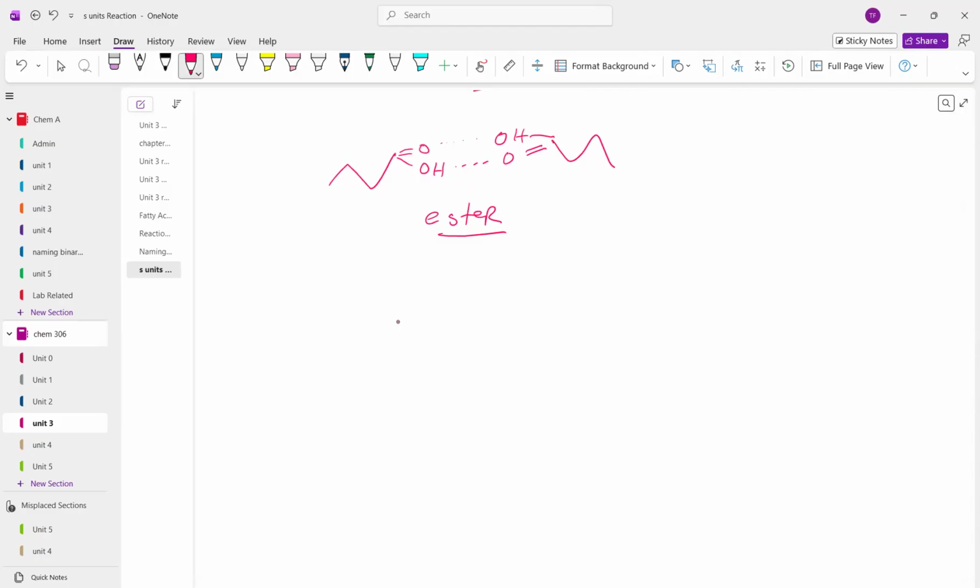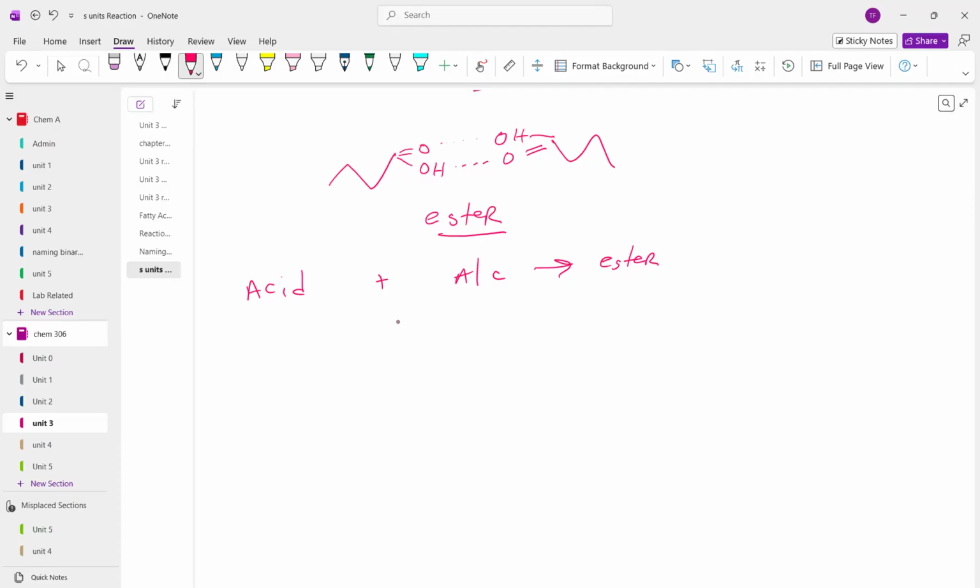That's where the formation of an ester comes from. So an ester is an acid plus an alcohol. So last unit, we had an aldehyde or ketone plus an alcohol. Happens again with an acid plus an alcohol. Alcohols like to react. So these two together form an ester.